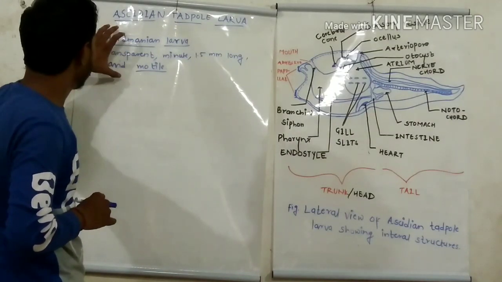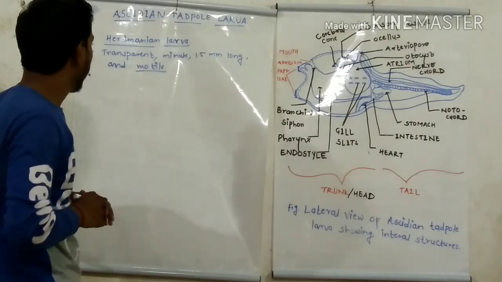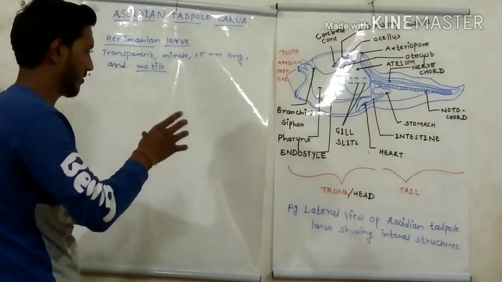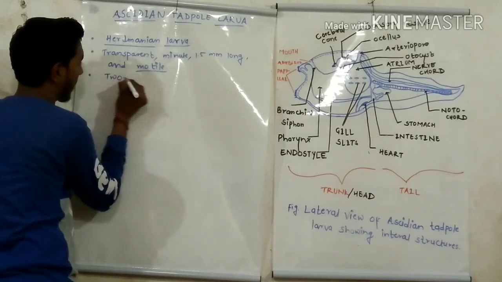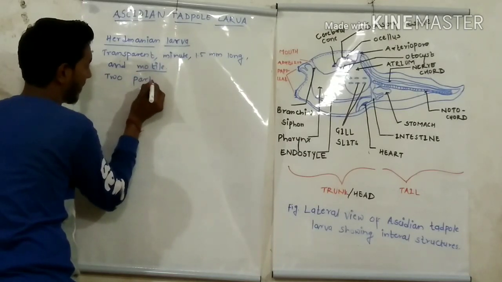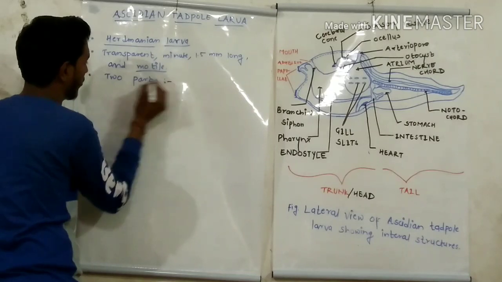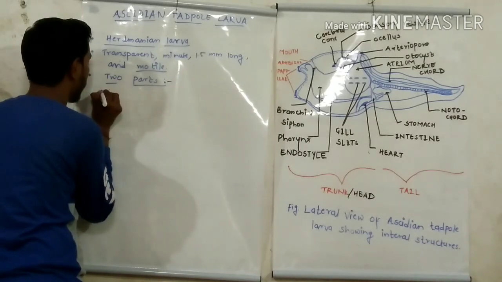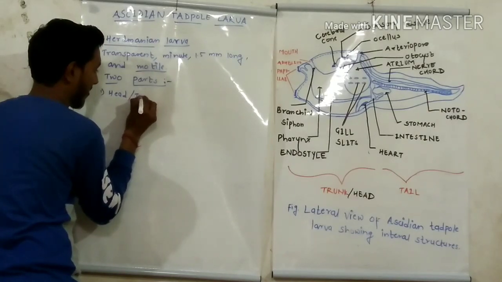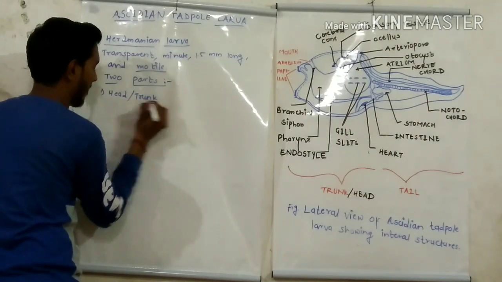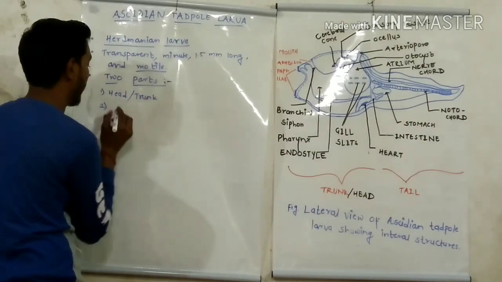Now the ascidian tadpole larva is divided into two parts. Its body is divided into two parts. First is head or trunk. Second is tail.